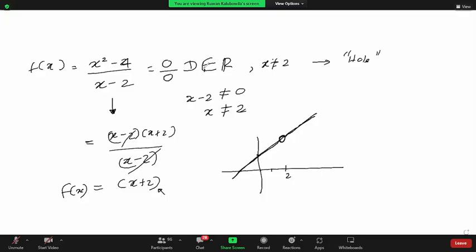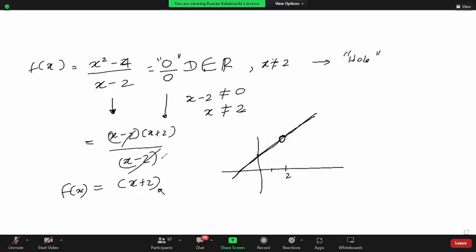So if you substitute the domain issue number into the function and see 0 over 0, then definitely you can simplify that function using the factors.